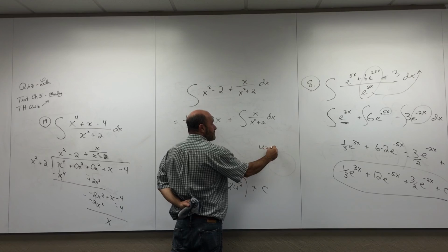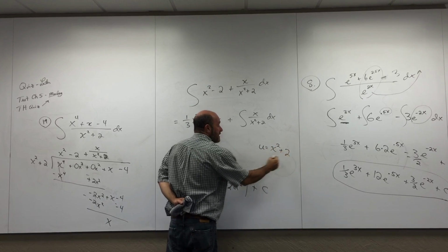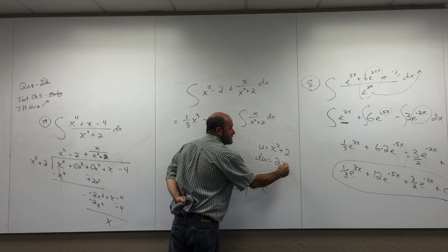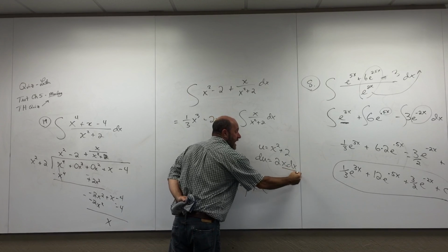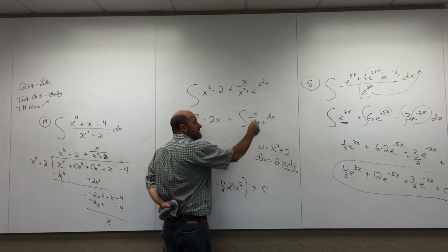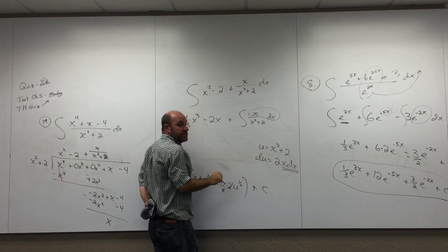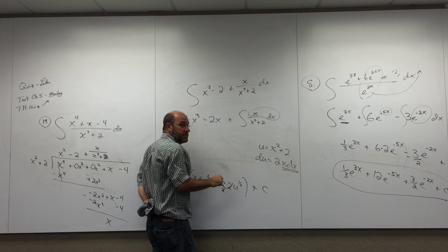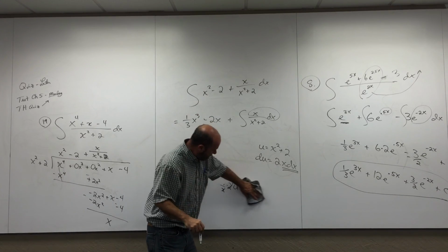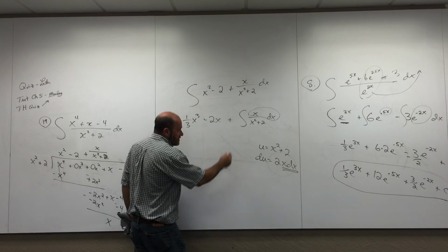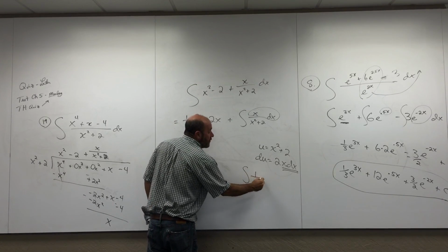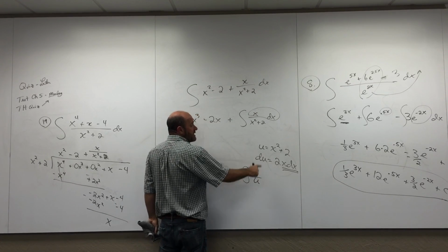U equals x squared plus 2, the denominator. Du is 2x dx. Are you happy to see that x dx? Yeah, because this has an x dx. So this problem turns into a 1 over u, I think. Now let's think about this.